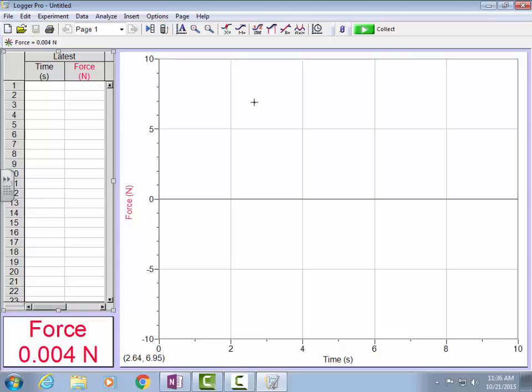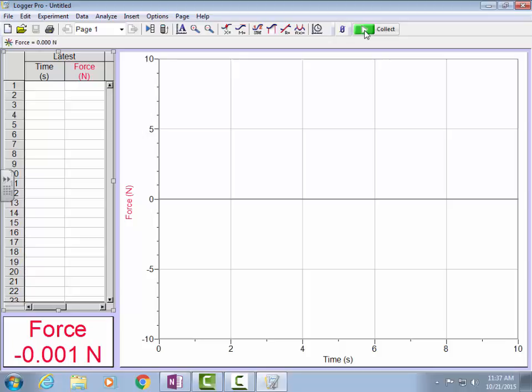I go and I start collecting data. Because remember, we have another means of doing this, right? How much mass is on here? 1.02 kilograms, right? So therefore, the normal force is what? Come on, get out your hamburger helpers.